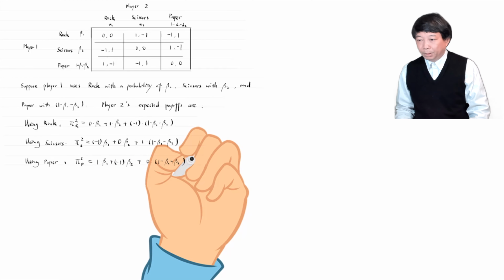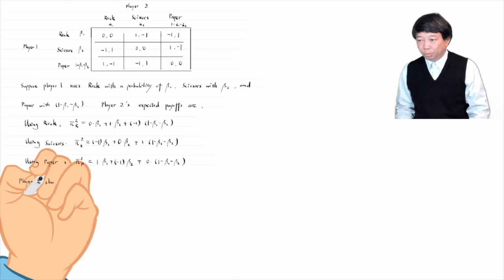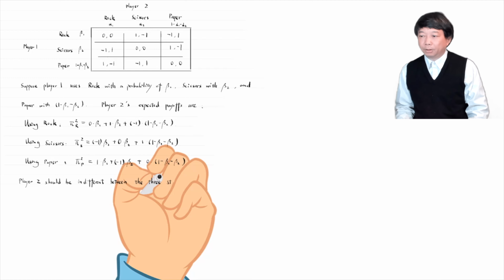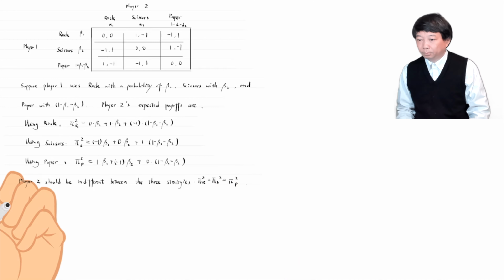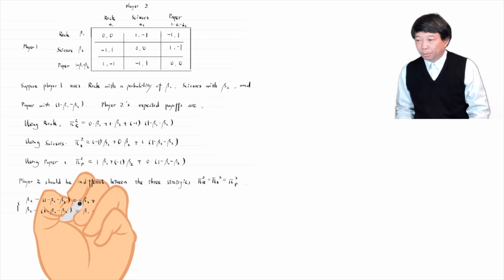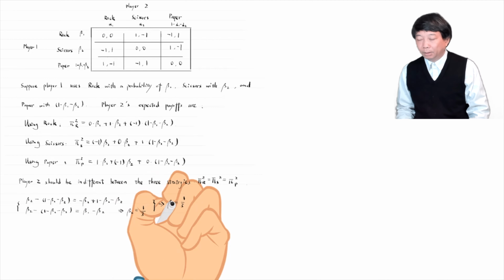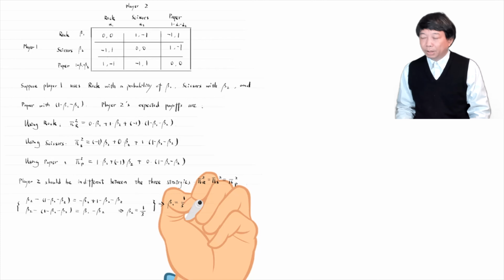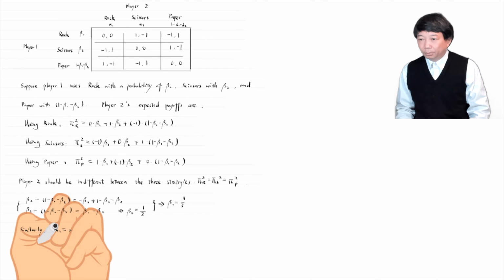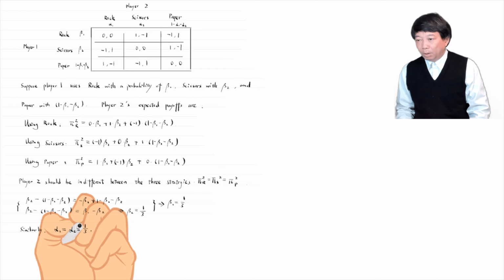Player 2 should be indifferent between her 3 choices. That is, the 3 corresponding expected payoffs should be equal to each other. We can obtain beta 1 and beta 2. The same reasoning applies to the other player, and we can get alpha 1 and alpha 2.